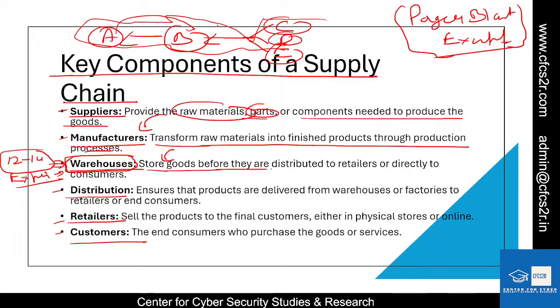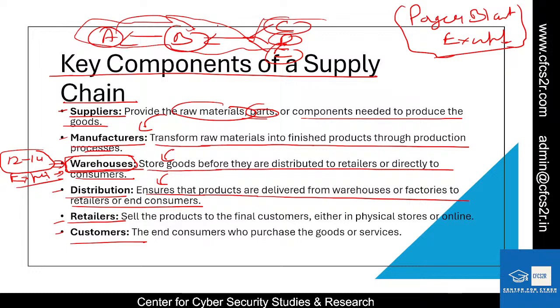Warehouses store goods before they are distributed to retailers or directly to customers. After that, the goods go for distribution, where they ensure that products are delivered from the warehouses or factories to retailers or end customers. In this way, the entire supply chain works, and you can see that these components are very important.